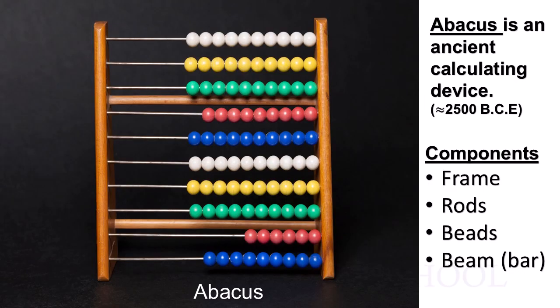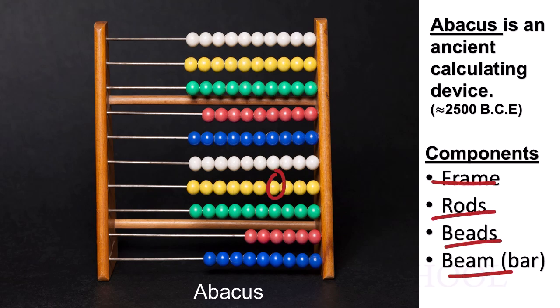This is the abacus. We are not going into details about how these machines were used. We are just mentioning some important features of these machines. The abacus has a frame, rods, beads, and a beam.